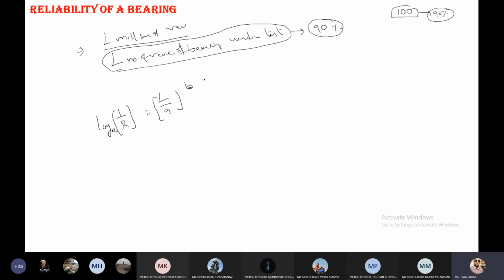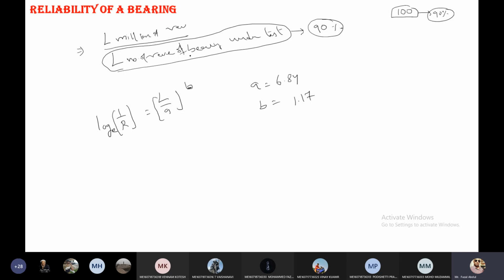Now the constant values: A value for the bearing is 6.84 and B value is 1.17. These constant values we need to remember. Okay.